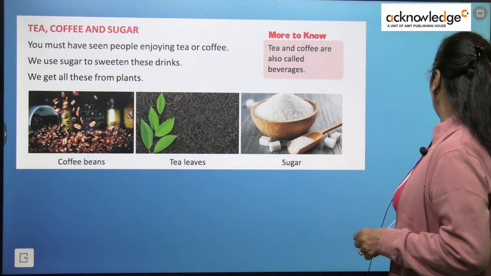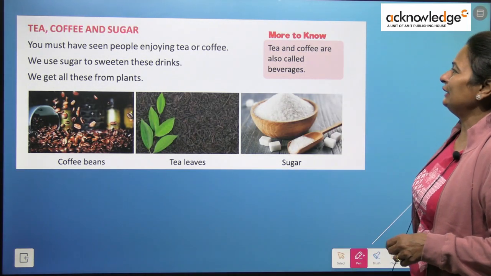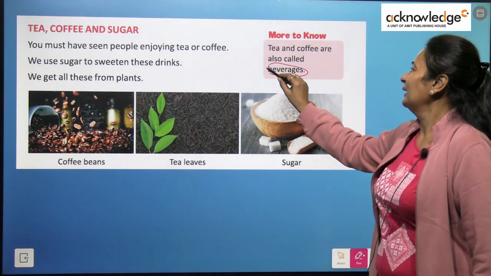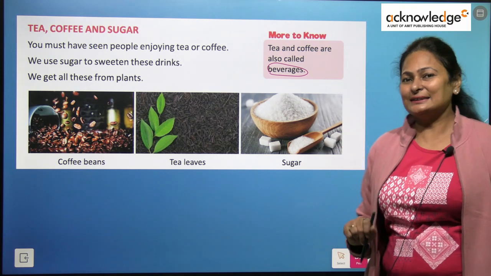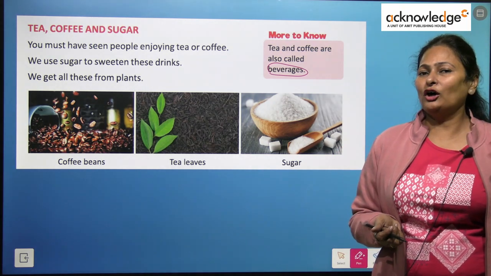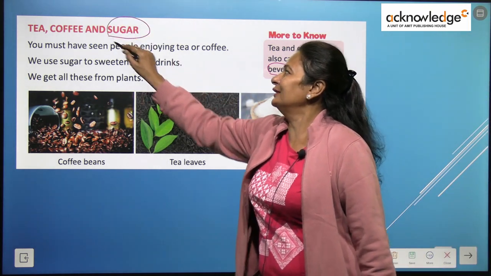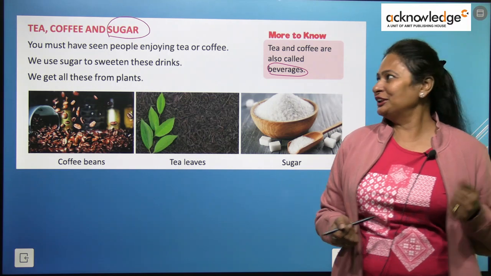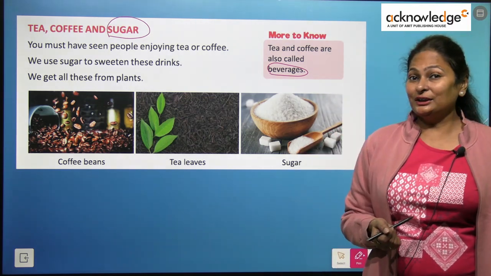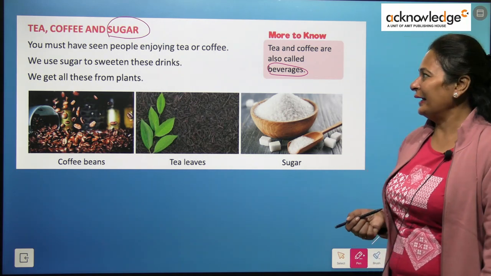Let's move on to tea, coffee and sugar. Tea, coffee and sugar are together called beverages. Yes, tea and coffee are examples of beverages and we add sugar. Why do we add sugar to them? In tea and coffee, we add sugar to give a sweet taste, right?